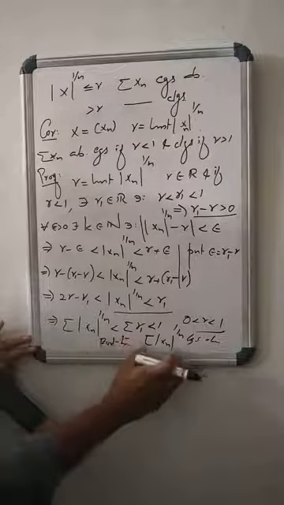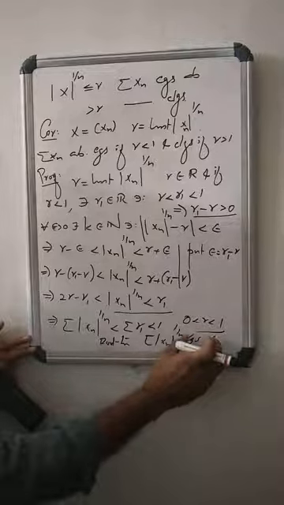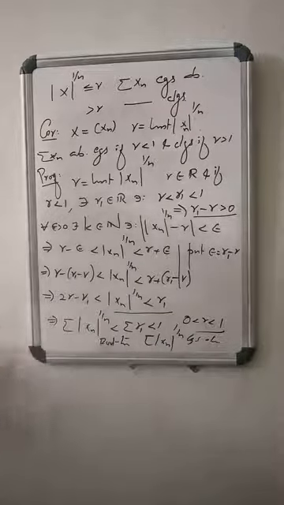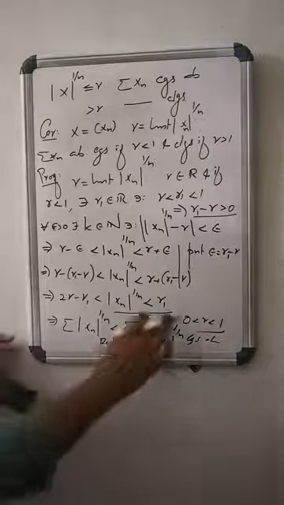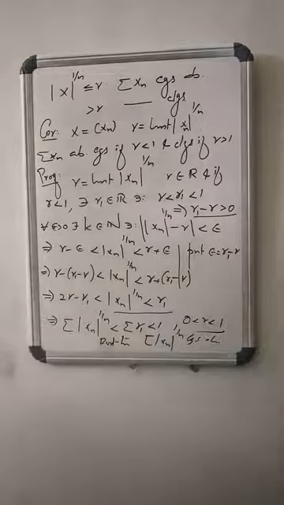Then by the root test, sigma modulus of x_n converges, that is, sigma x_n converges absolutely. So that is the proof of this corollary.